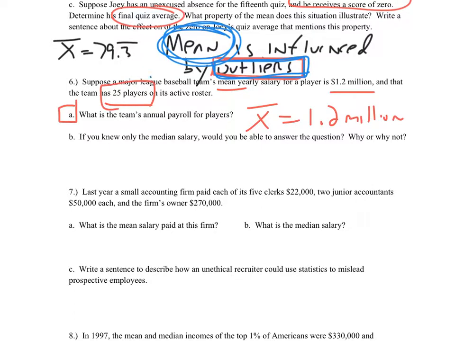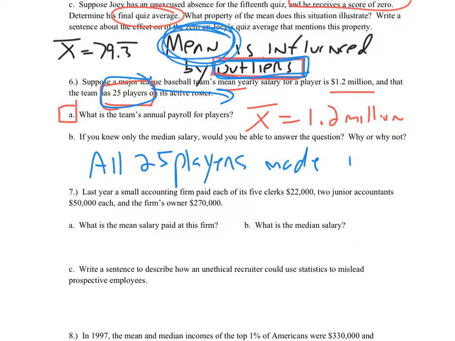Now, we do not know what each of the 25 players makes, but when you average them, it's going to be 1.2 million. So I'm just going to pretend that all 25 players made 1.2 million, because if all 25 players made 1.2 million, the average would be 1.2.